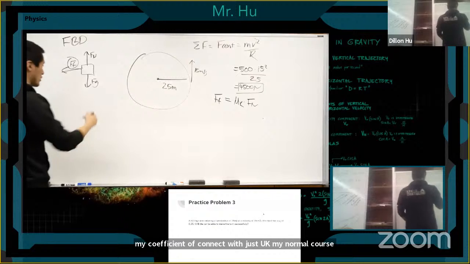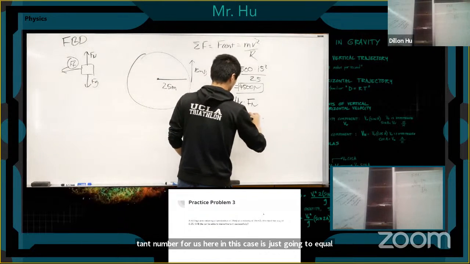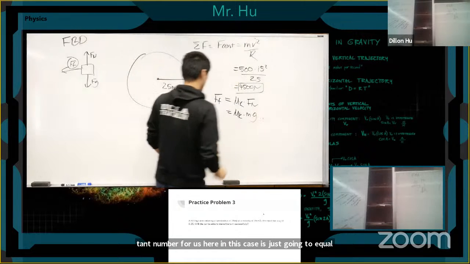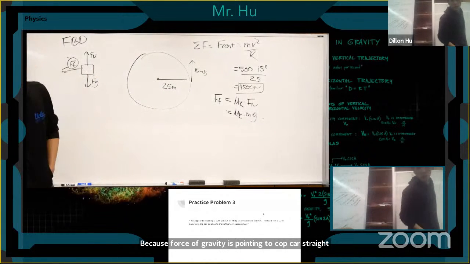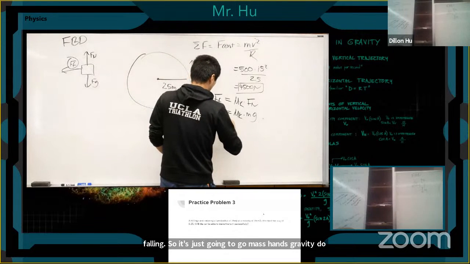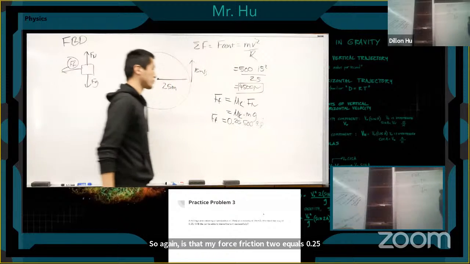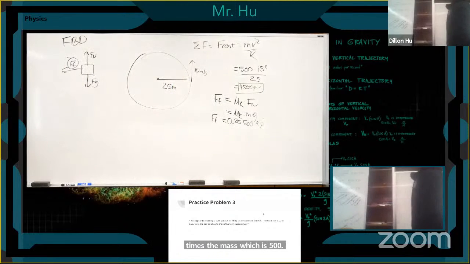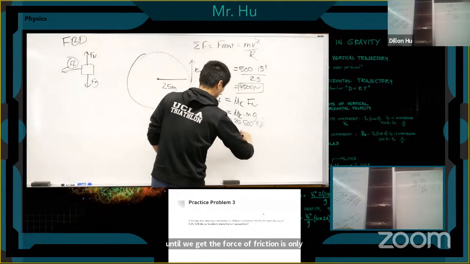The normal force in this case is just going to equal mg, because the force of gravity is pulling the car straight down and the normal force is supporting it to prevent it from falling. So it's just going to equal mass times gravity. What we get is that the force of friction should equal 0.25 times the mass, which is 500, times 9.8. And so the force of friction is only able to produce a force of 1,225 newtons.